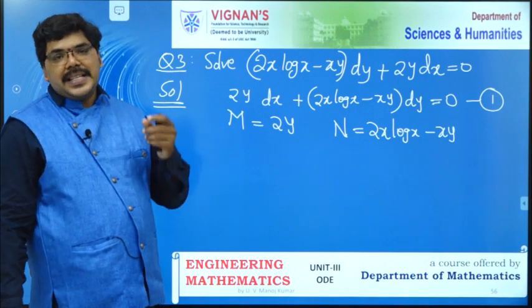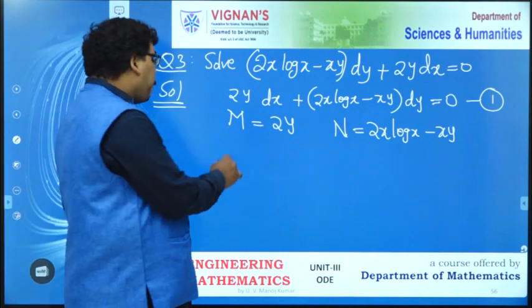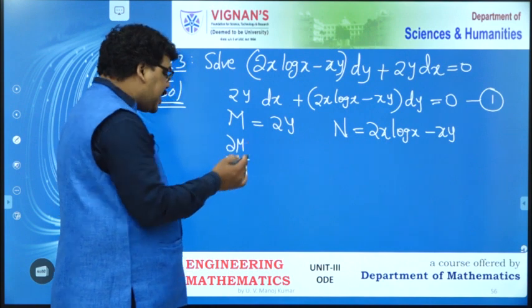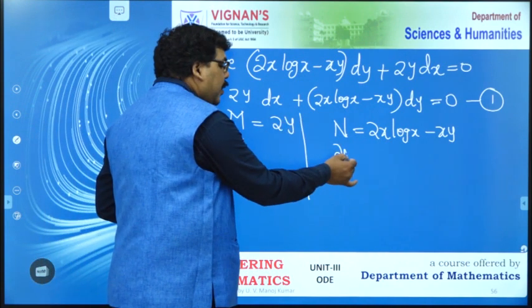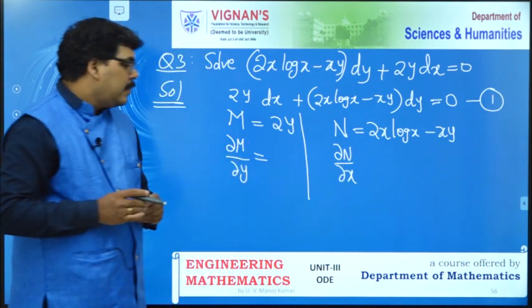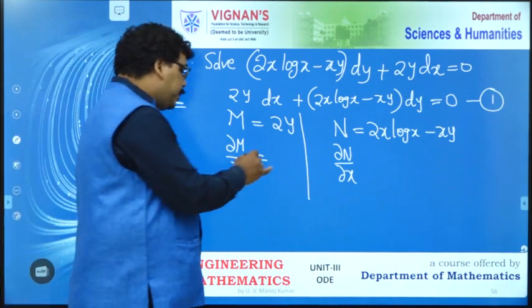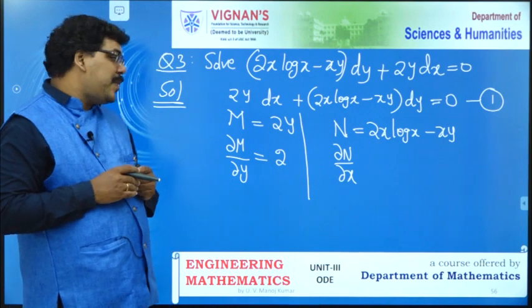We want to check for exactness. What is the condition? Dou m by dou y equals to dou n by dou x. Let us calculate dou m by dou y and dou n by dou x. What is dou m by dou y value? What is dou n by dou x value?